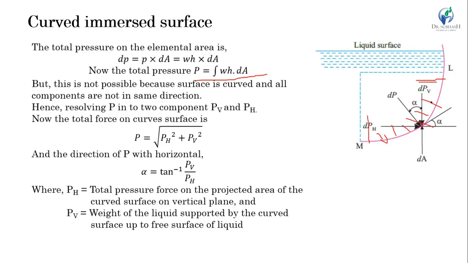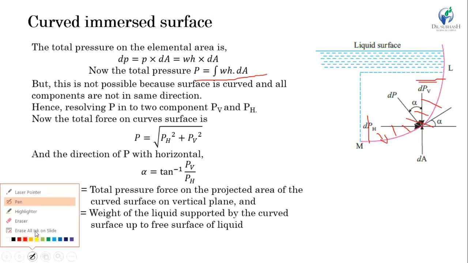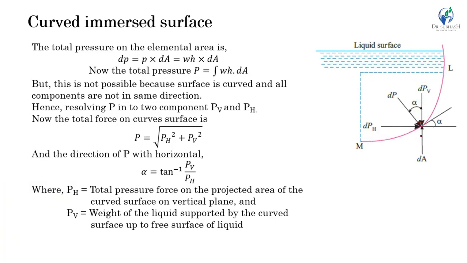So we cannot directly sum up, or simply integrate. For that we have to consider two components of force, vertical component and horizontal component, and then we can take a simple integration and calculate the total pressure force by applying this equation: under root of Ph square plus Pv square.